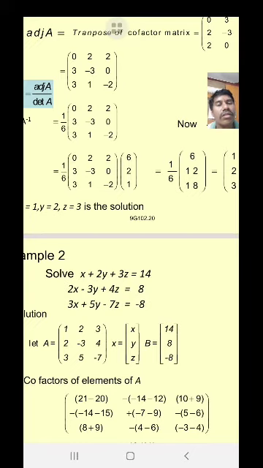The second row means we write it in the second row after the product. After multiplying we get 12. See how 12 comes: 3 into 6 is 18, minus 3 into 2 is minus 6, plus 0 into 1 is 0. So 18 minus 6 means 12.